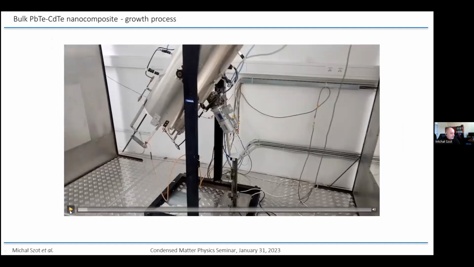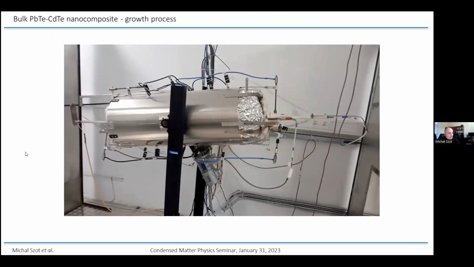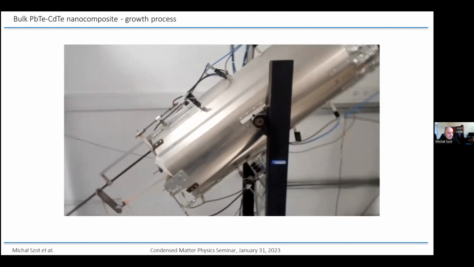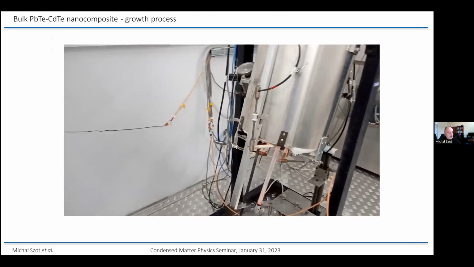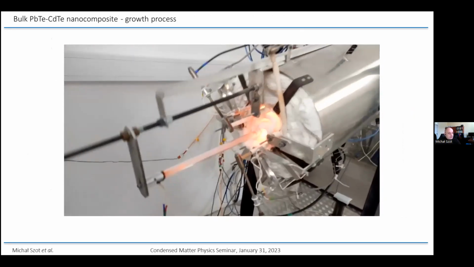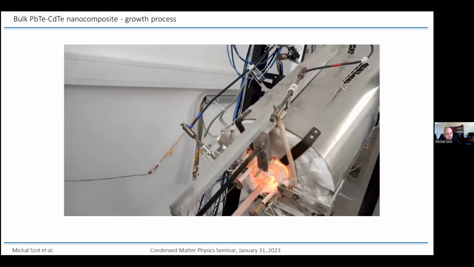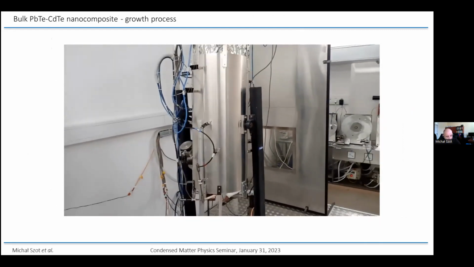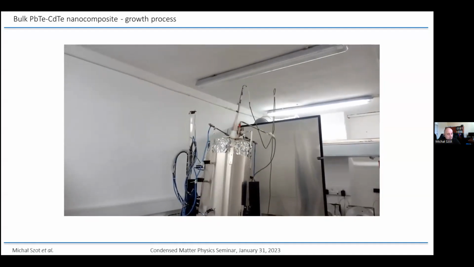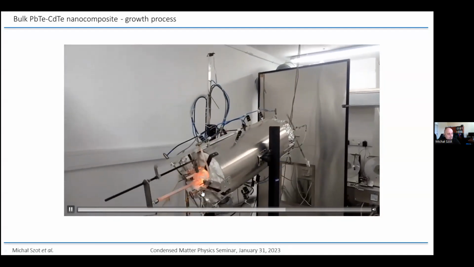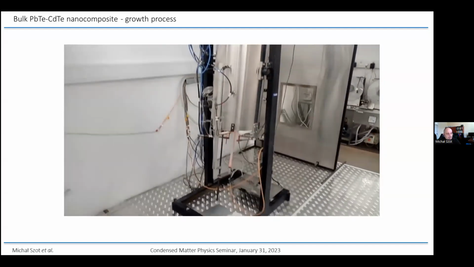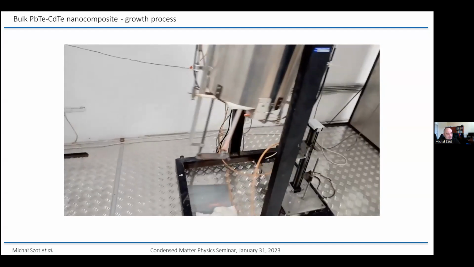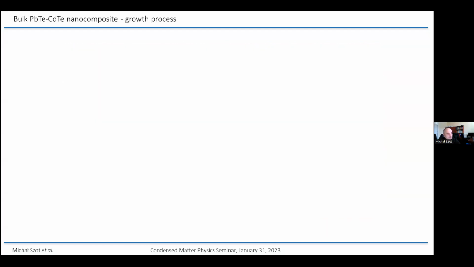Let's see. This setup was designed and built by the team of Professor Michalski, and we see the ampulla heated to a high temperature here, and the process is taken at high temperature, as I said, and the frequency can be changed if you want.